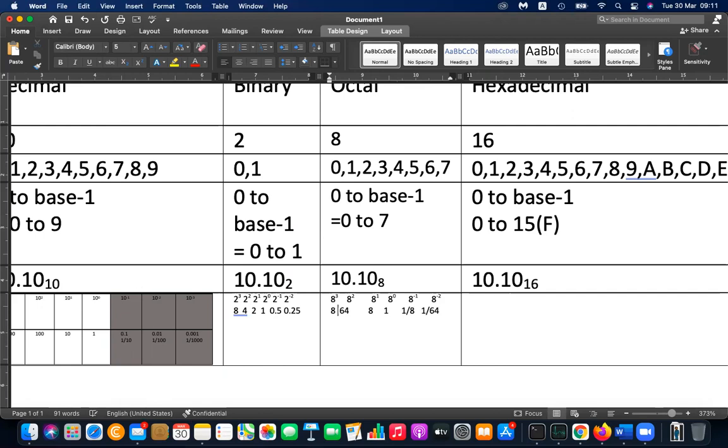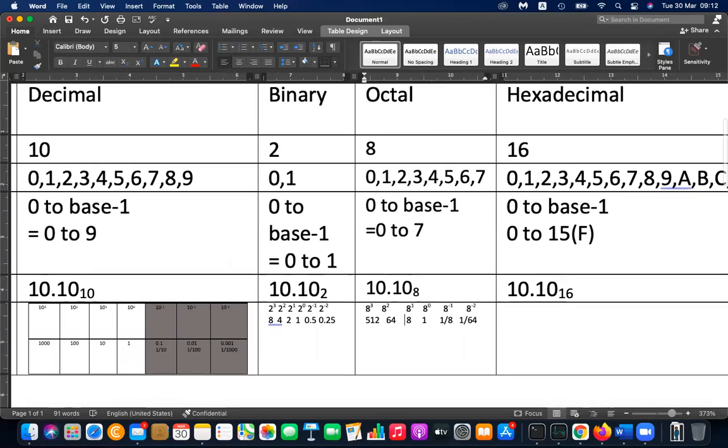And 8 to the power 3 is 8 by 8 by 8, 64 by 8 is 512. Is it correct? 8 to the power 3, is it 512? Yes, sir, it's 512. Okay, I think you have completed this.